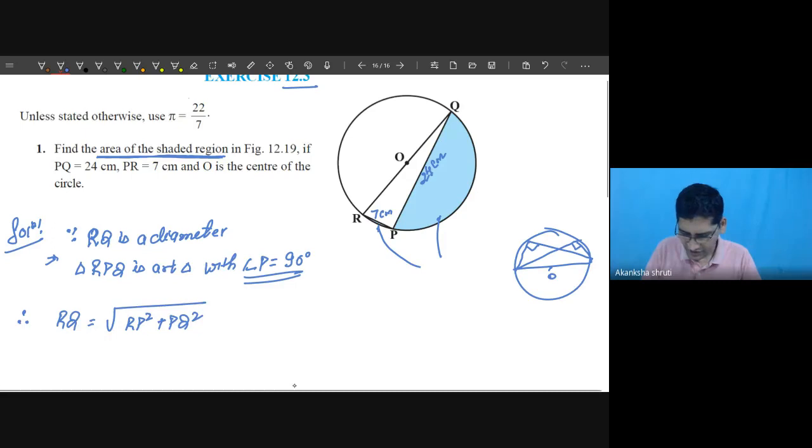Just substitute it here. It is our 7 square plus 24 square. How much is this? It is 25, or not? Pythagorean relation. Yes, student, how much is this? You can calculate it now. It's very easy. You will get this as 25 centimeter.